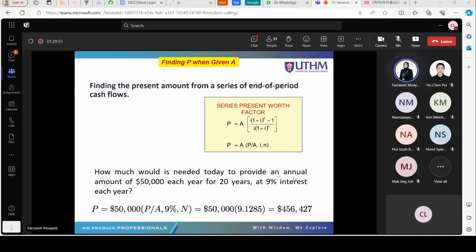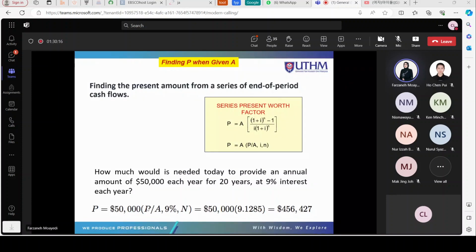Once it says something that happens annually or monthly, it means that it's happening more than one time. So you already know that A is equal to 50,000. The duration is 20 years. The interest is 9%. So simply, you can write the notation by yourself. The most important thing, again, is P/A.